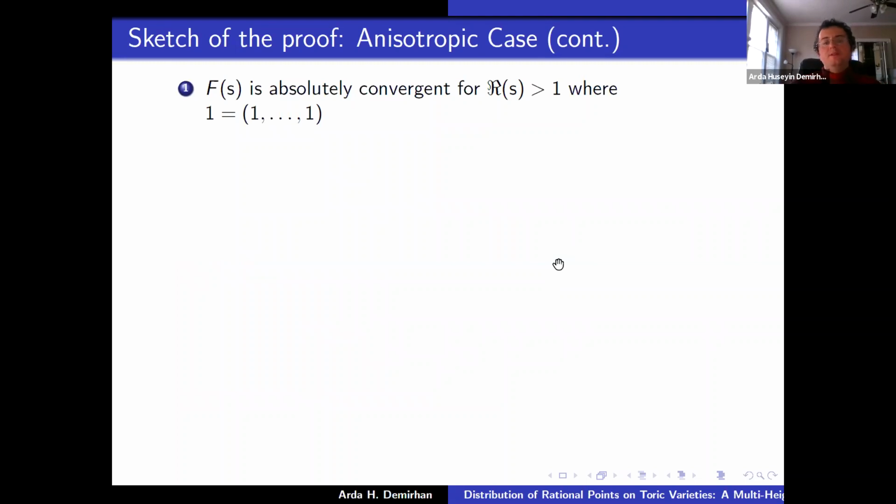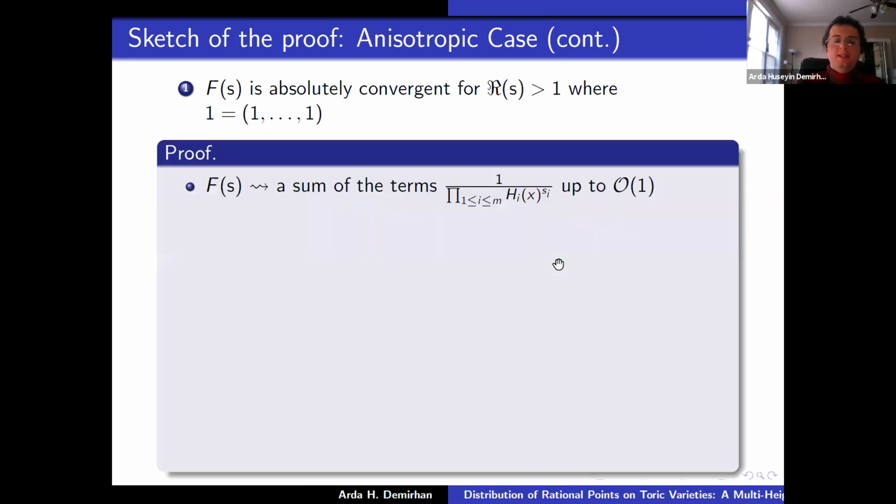F(s) is absolutely convergent when the real part of s is bigger than 1, and here 1 is of course the tuple. By the definition of F, we know that F(s) involves the sum of the terms, the reciprocal of the product of H_i^{s_i}, up to a multiplication by a constant.